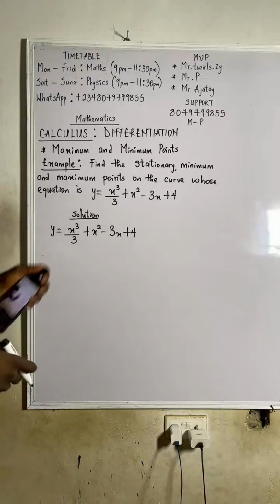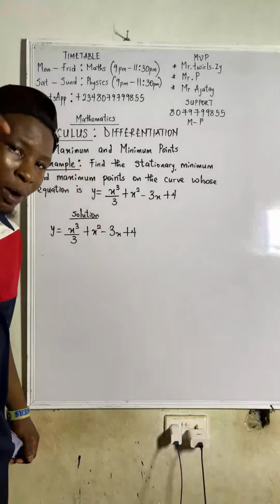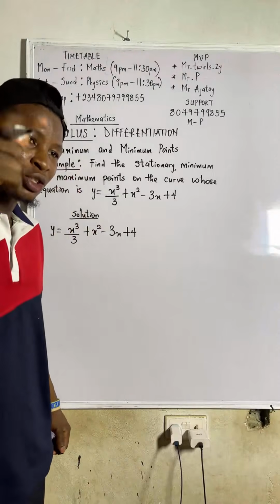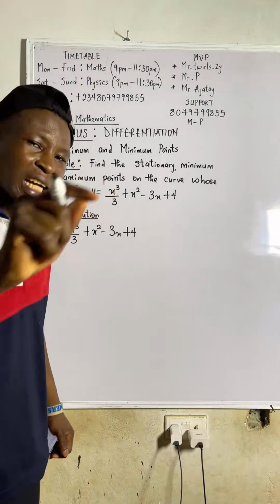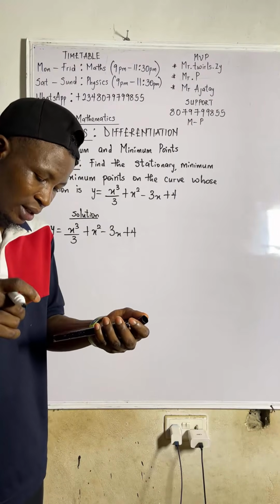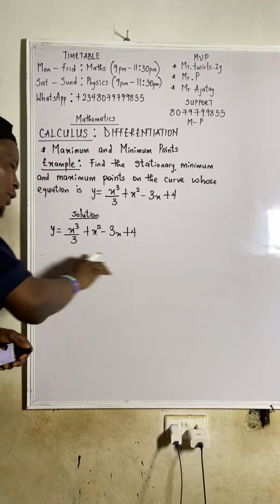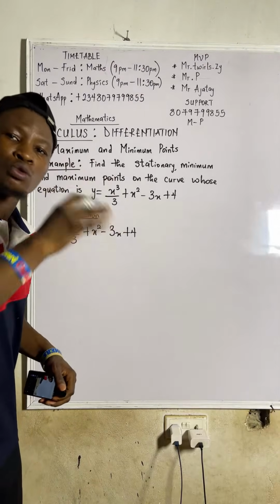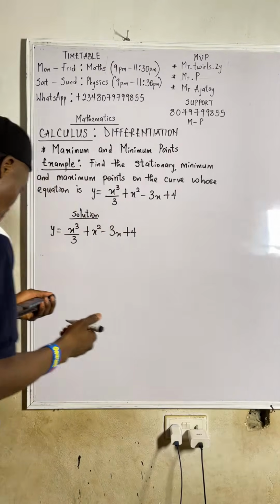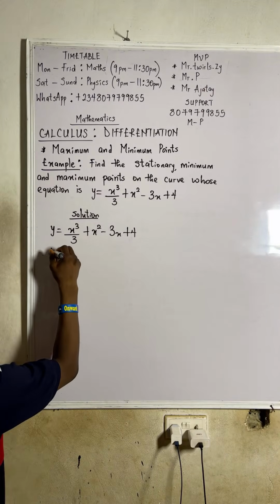So this is what you are given. Now, what do you do? The first thing you do, step 1, from what you just screenshotted, is to find the derivative of the curve. You differentiate. Whatever they give you, the first thing you do is to differentiate. Now let's differentiate together. We all learned this differentiation yesterday.